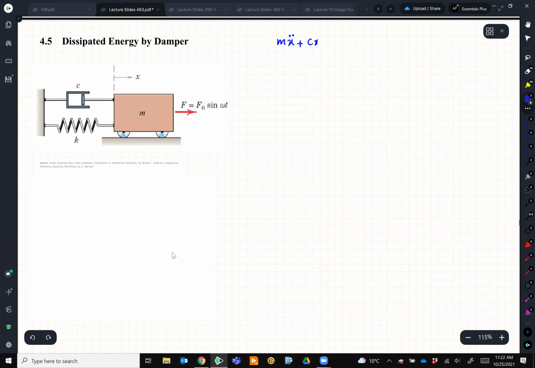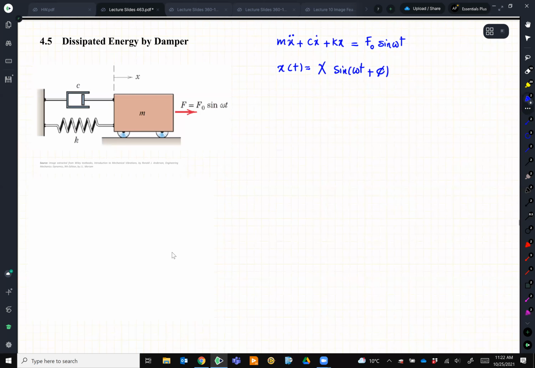We managed to solve this equation and find that x(t) is X sin(omega t plus phi), for which we have formulas for X and phi. I know the force for damping is c x dot, right? So I can then find x dot(t).